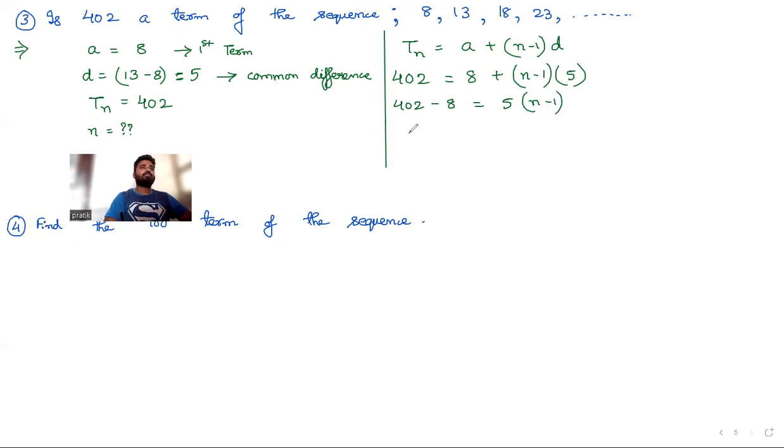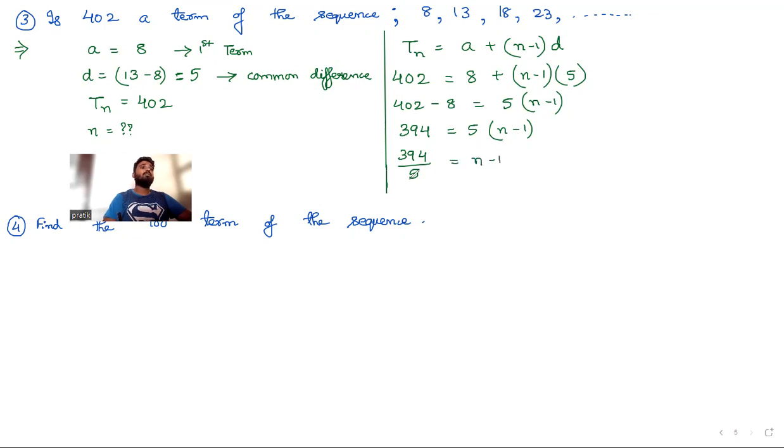That is 402 minus 8, which is 394, and that's 5 into n minus 1. So 394 divided by 5 is n minus 1.